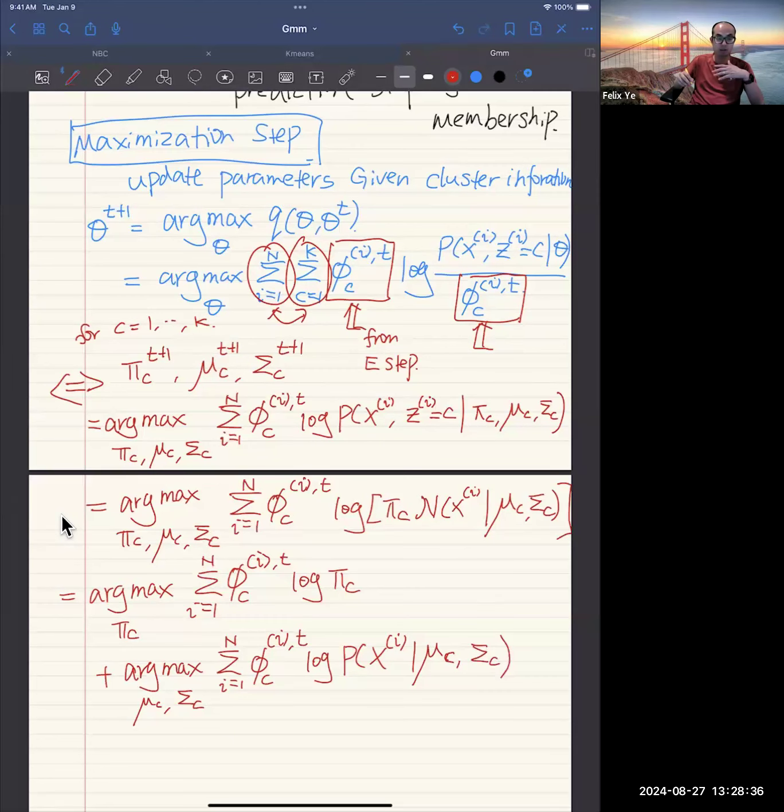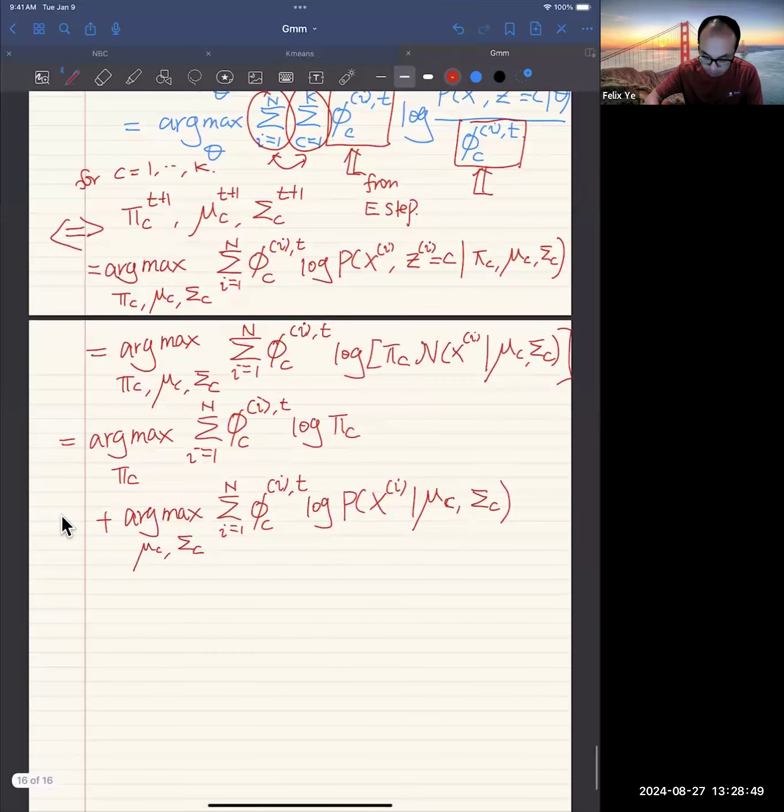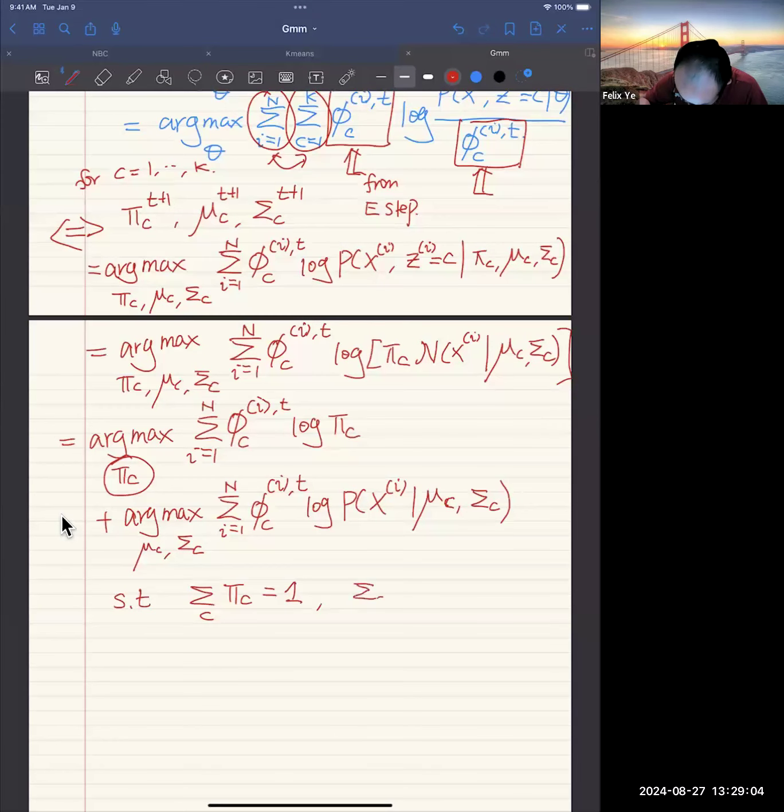So this is nothing but rewriting the equation separately. We are maximizing pi c separate from mu c and sigma c. Also, pi c has a constraint: subject to the sum of pi c having to be equal to 1, because this has to be a probability. And sigma c is positive definite.